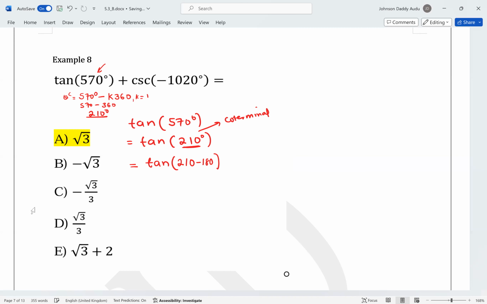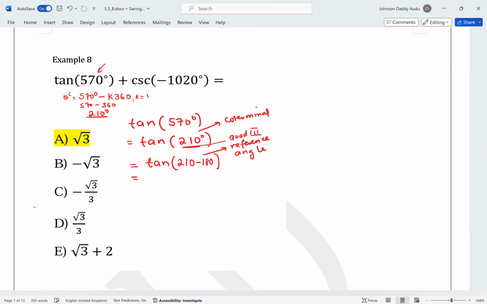So here, what have we used? We have used the fact that we are in quadrant 3. So now here I'm using the reference angle, because 210 is in quadrant 3.